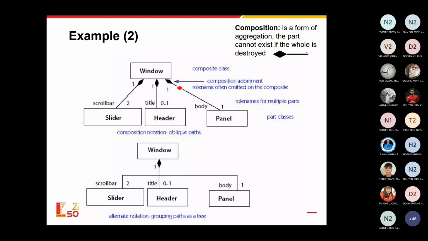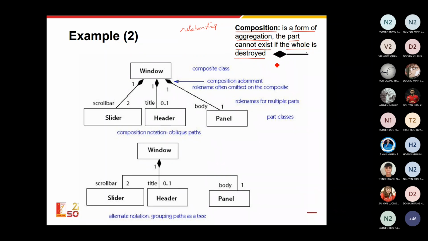And this one, when we fill in this rhombus with a dark color like this, you make it the composition relationship. Yeah, and this is one form of the aggregation, but the part cannot exist if the whole is destroyed.